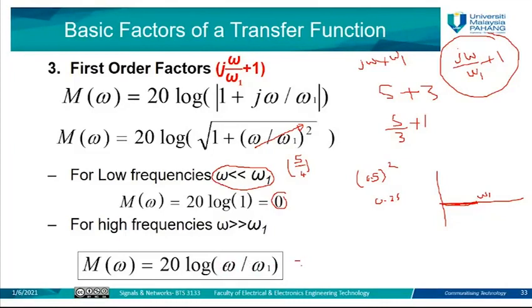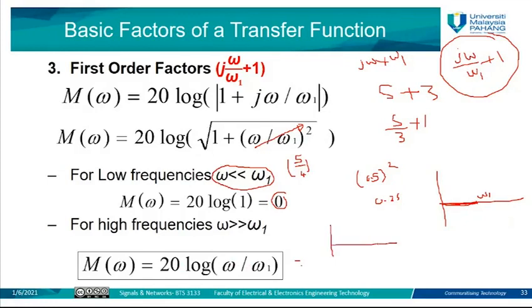If omega equals 100 omega 1, in this case it will be 40. If omega equals 1000 omega 1, in this case it will be 60. So it depends on the value of omega, so the value will change.